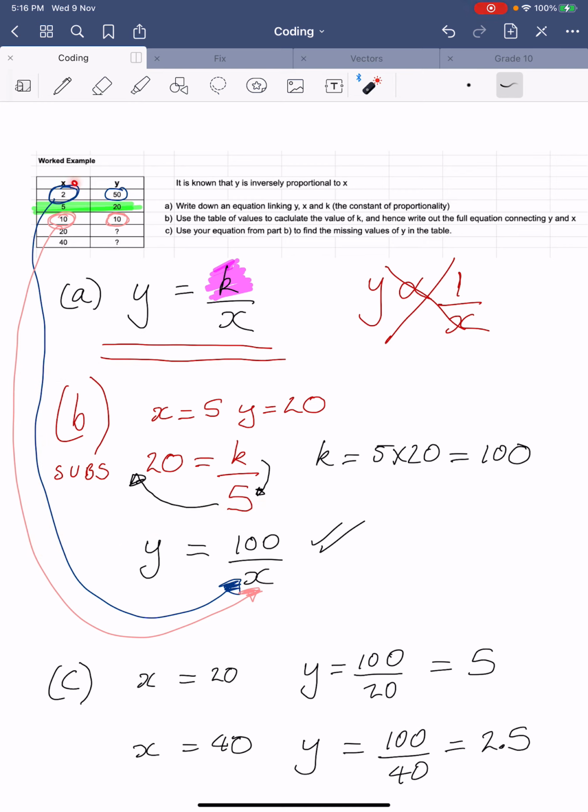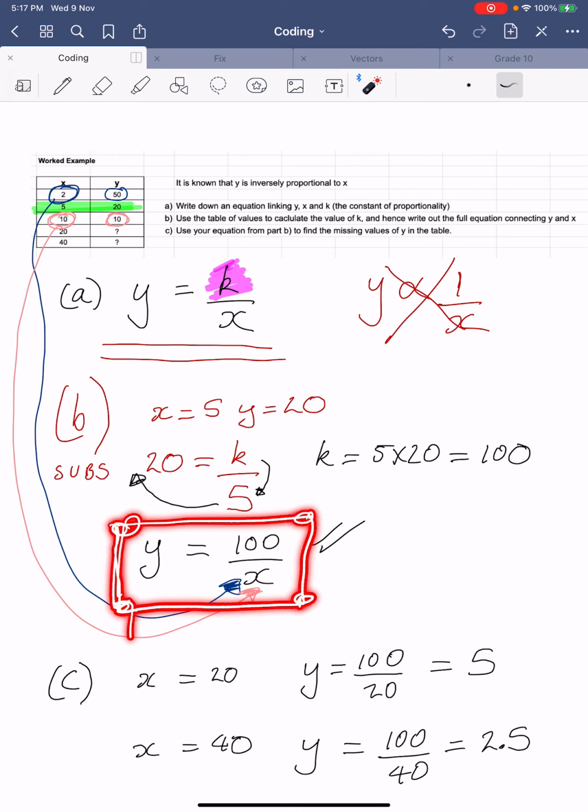And it doesn't actually matter which xy pair of values you choose. You will always get the same value for k. K is 100. And finally, we have the equation linking x and y, and then we can use that to find any missing values in the table. So I hope that helps.